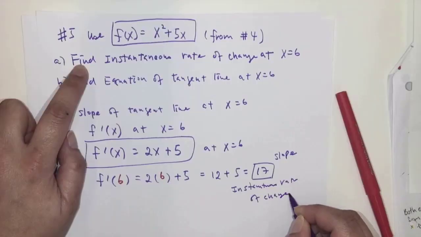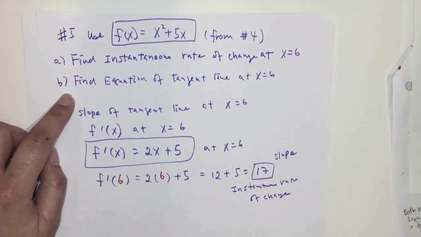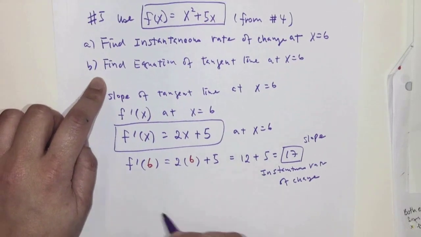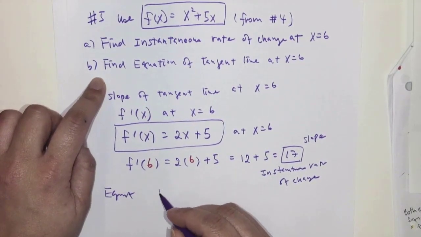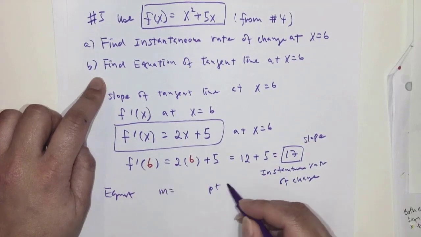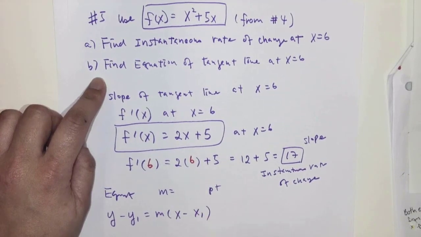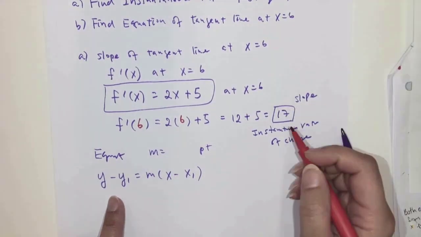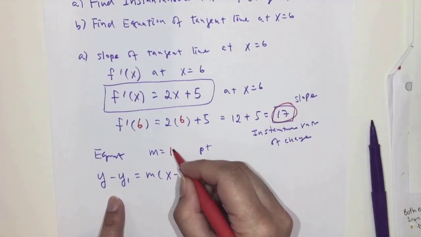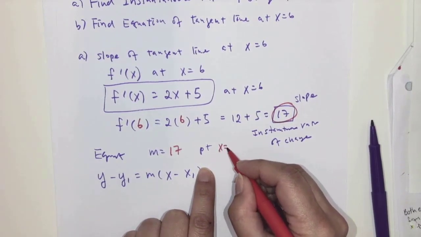Are we okay? Next, they want to know the equation of the tangent line at x equal to 6. For the equation of a tangent line, we need the slope and also a point, right? And we can plug it in: y minus y1 equal to m times x minus x1. This is the point-slope formula. We already got the slope earlier, equal to 17. And then I need the point, and I know x is going to be 6.